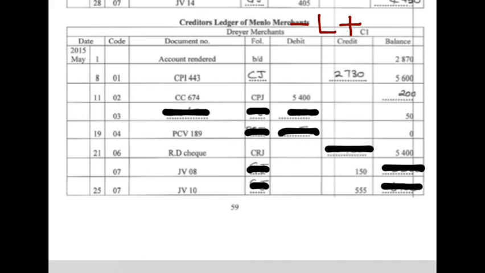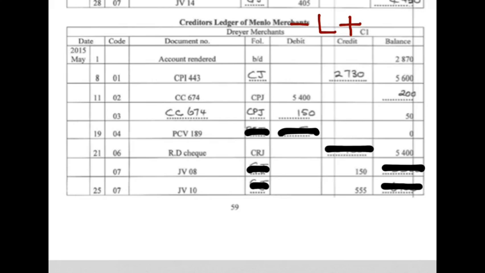On that same day, we decreased our balance further to 50 Rand, meaning that we decreased it by 150 Rand. What is the reason for the 150 Rand? Also from the CPJ, it can only be discount that was received.